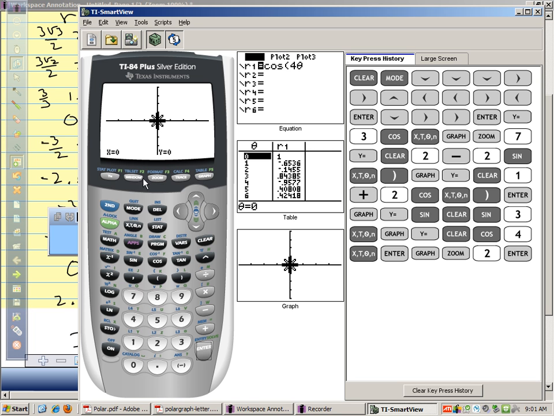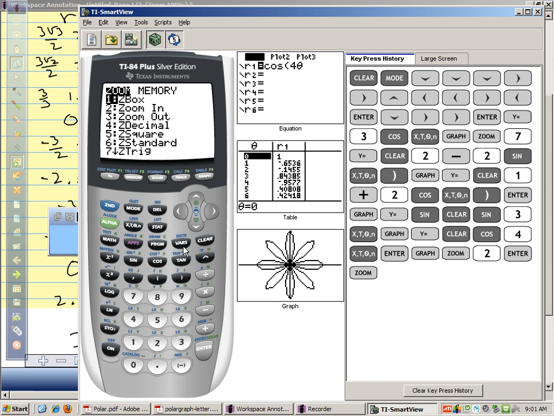Yeah, do Zoom 7. Now zoom in. Are your batteries dying? Your screen's really dim. All right, so we get all these interesting curves.